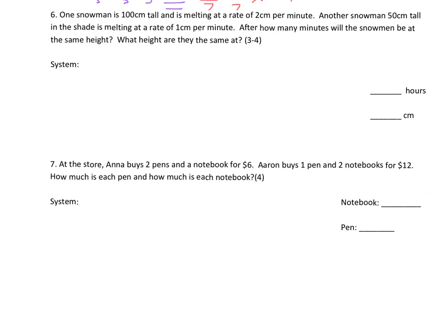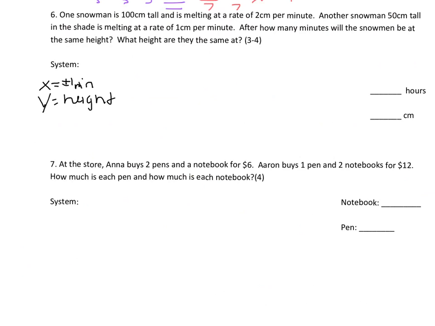Okay, so first I like to say what my x and my y is. So my x is going to be the number of minutes, and my y is going to be the height.